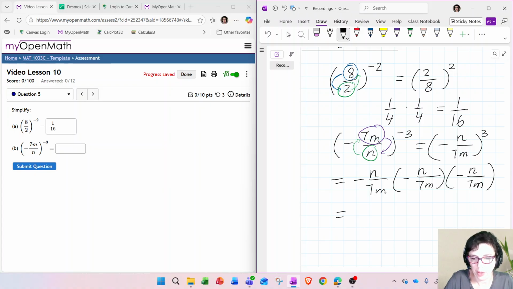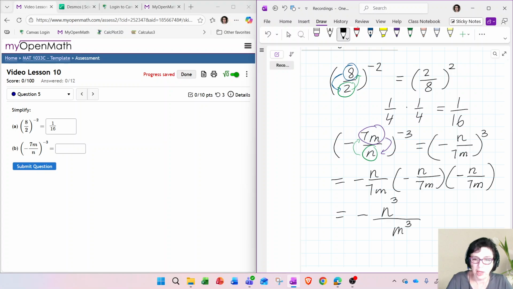What will happen? First of all, when you multiply 3 minuses, that gives you one of them. Okay, because minus minus is plus, but you still have one more minus. Now, what is n times n times n? Well, that's n multiplied by itself 3 times. It'll be n cubed. What is m times m times m? That's also going to be m multiplied 3 times.